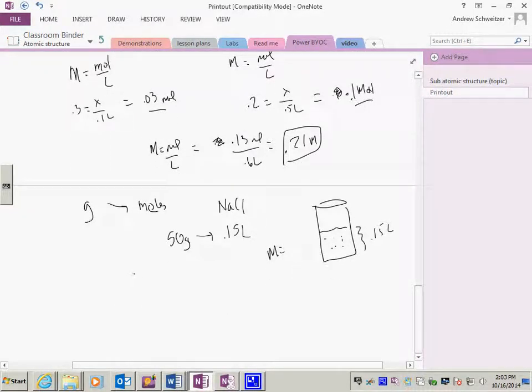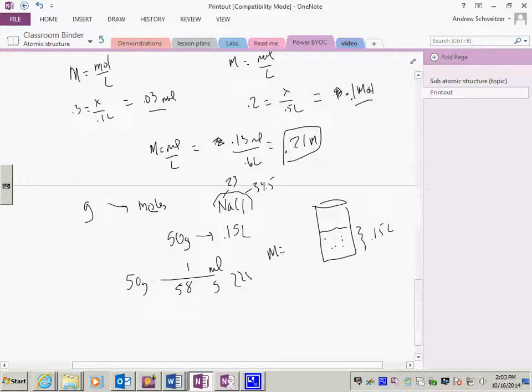I have to convert the grams into moles, and that's something you should be able to do. We have 50 grams, get rid of the grams, go to the moles, 1 mole. How much does 1 mole of this weigh? That's a proportion here, and it's approximately 23 plus 35.5, so we'll round it to 58 just for the sake of this video.